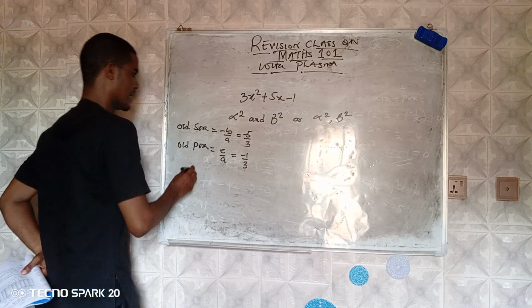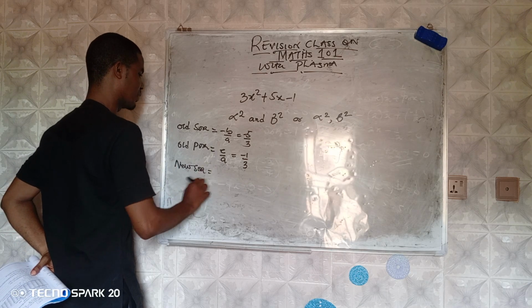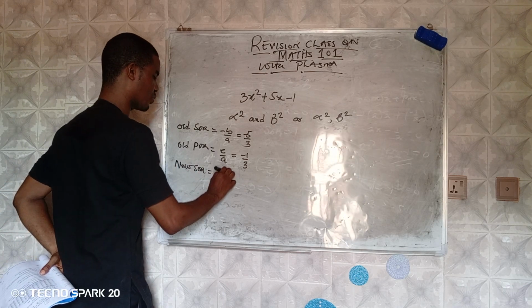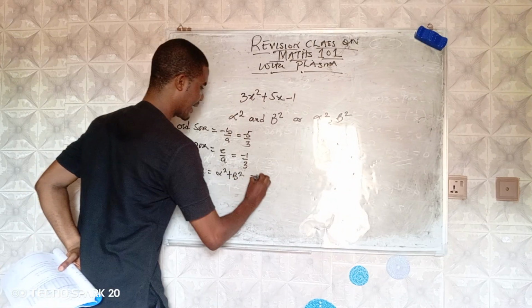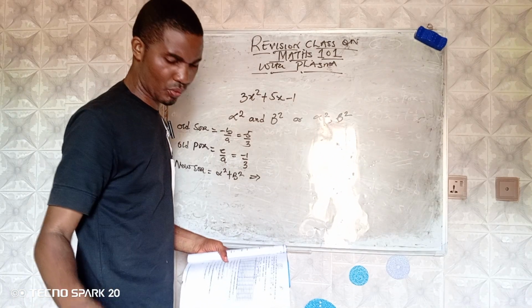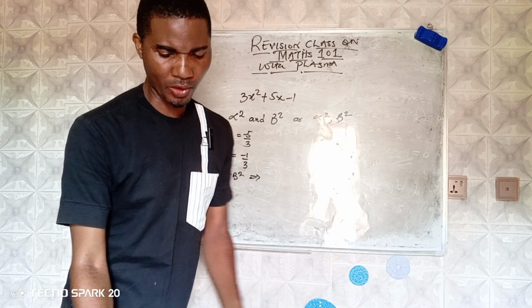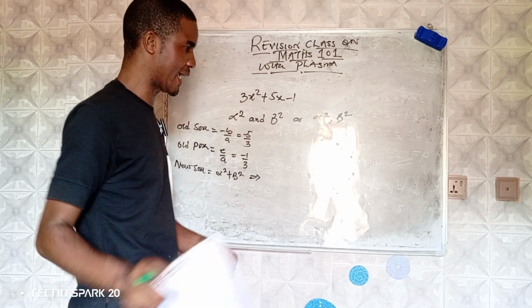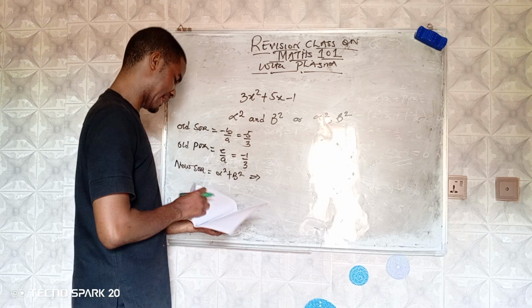So my new SOR will be alpha squared plus beta squared. If you do alpha squared plus beta squared, it will give you just one thing which we have done before, which is alpha plus beta squared minus 2 alpha beta. I believe I'm correct in that.